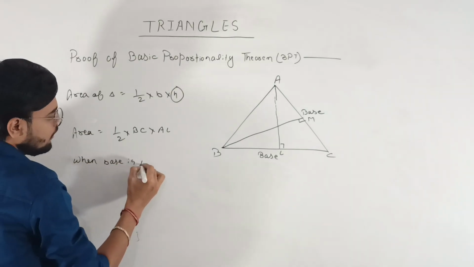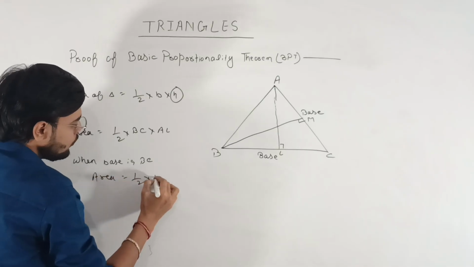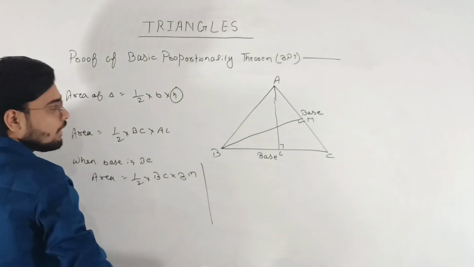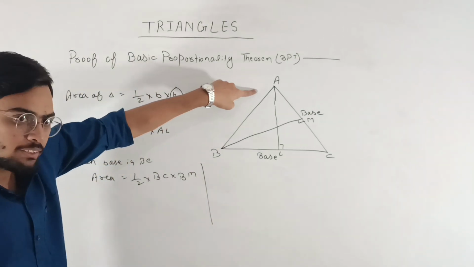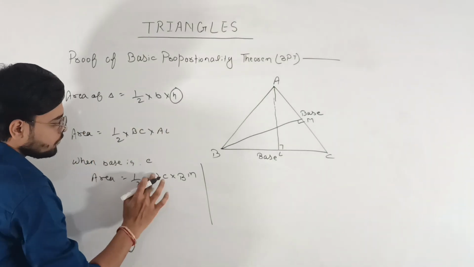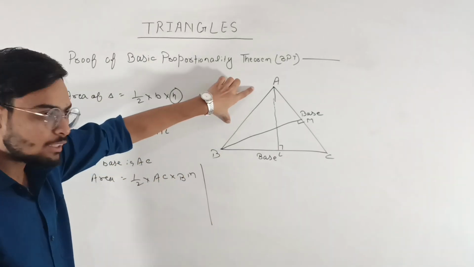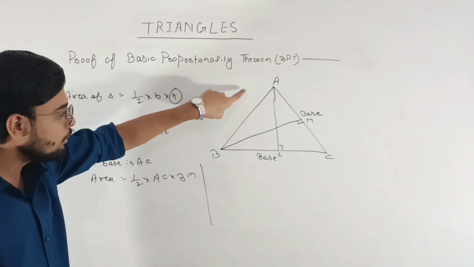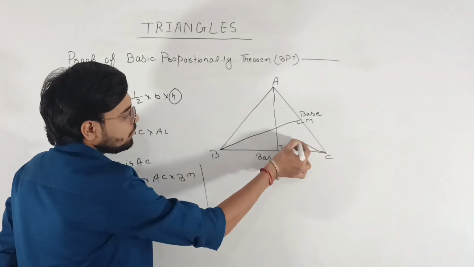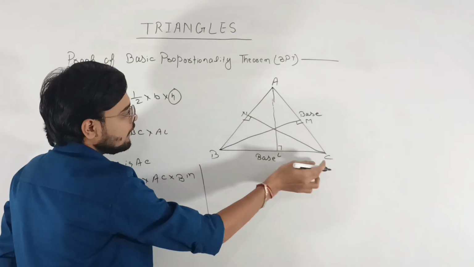When base is AC, then area is half into base AC into height BM. Okay. Now I take AB as base. Then my height is the perpendicular drawn from the opposite vertex. The opposite of AB is C. Then this is my height CN.